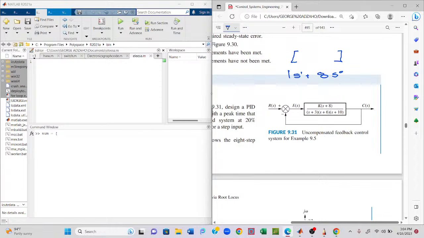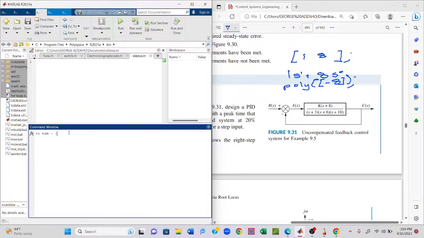We can either write the numerator like that, or you can write it with the poly function. The poly function will write it in polynomial form from the roots of the equation. So for the numerator, the root is negative, and that's all. Remember to close over here. For the numerator, you're using this, and you terminate it. Then for the denominator.